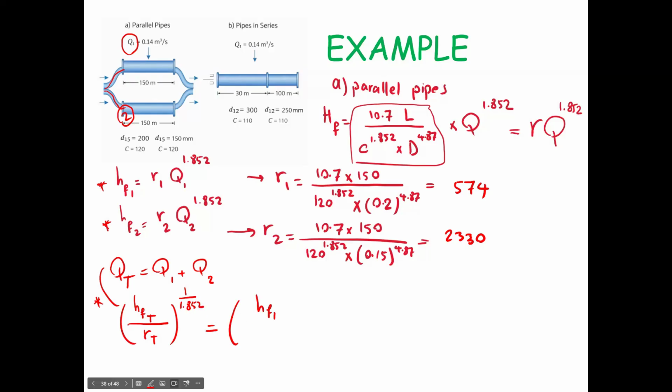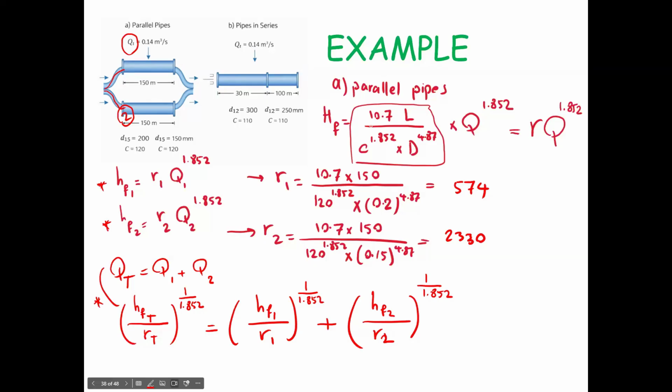Same thing for this one, and same for the second one. I just replace it with the main equation that I have. For sure, you have other ways to solve this problem. You can start from scratch, but I find this way easier.